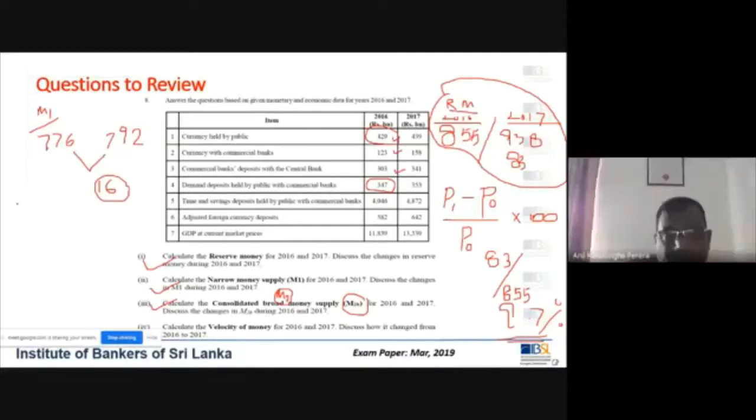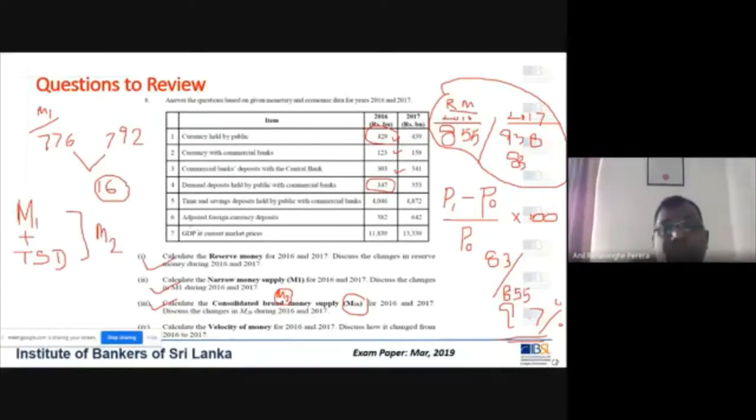We calculate M2 by taking M1 plus time and savings deposits of the public, TSD. So if you take only these two, what you get is M2.